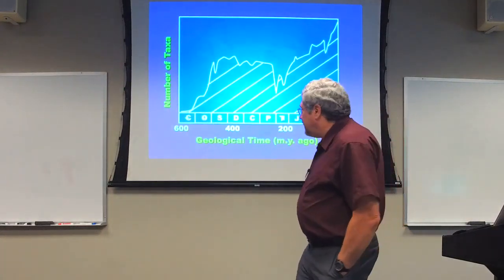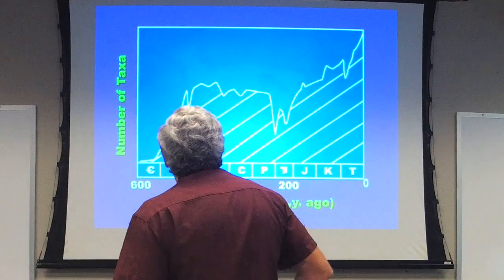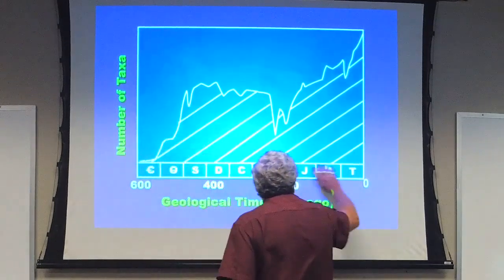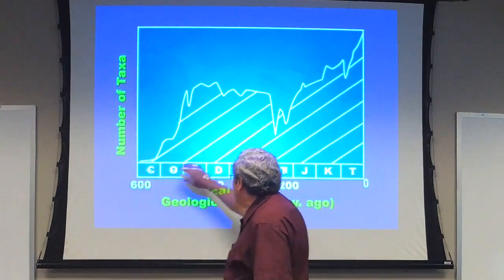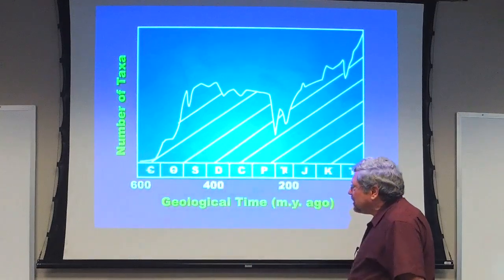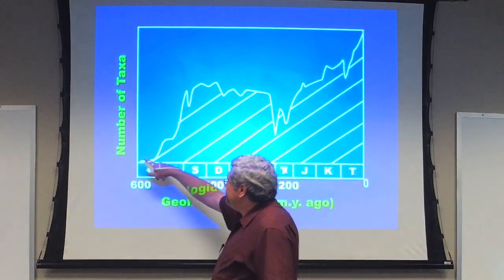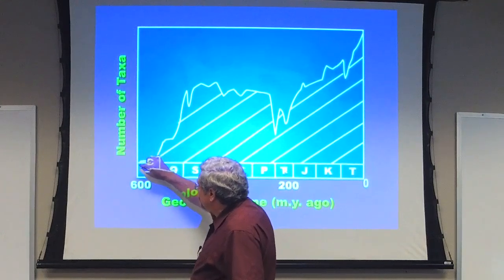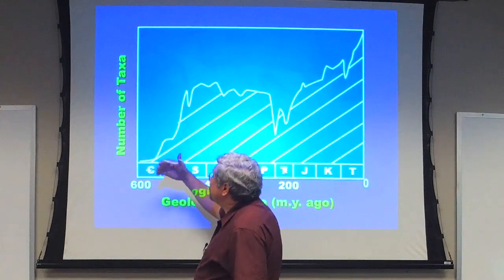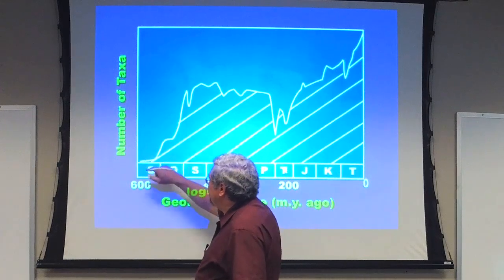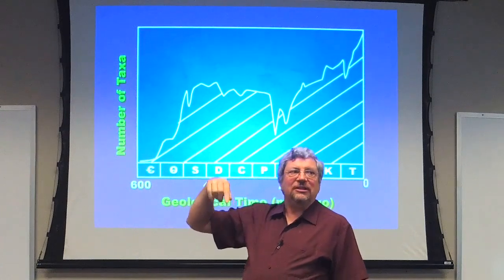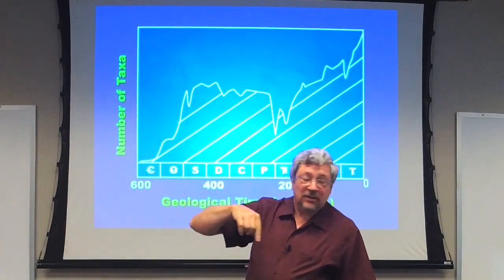Now, this is looking at the geologic record, for the animal record, from the Cambrian all the way up to the Tertiary. It's a species abundance curve, a taxonomic abundance curve. This was initially done at the family level for marine organisms.